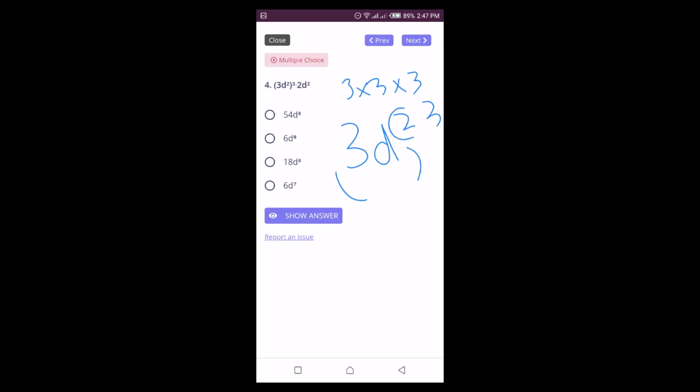Now see, this exponent inside the bracket is supposed to be directly multiplied by the whole power, that is 3, which is obviously d raised to the power 6. Got it? But when we are multiplying the constant with the power, that constant is not supposed to be multiplied the way we multiplied the power with the whole power. So this constant, what we are supposed to do, is to open it, just like a square root or cube root, the way we have done in the previous concepts.